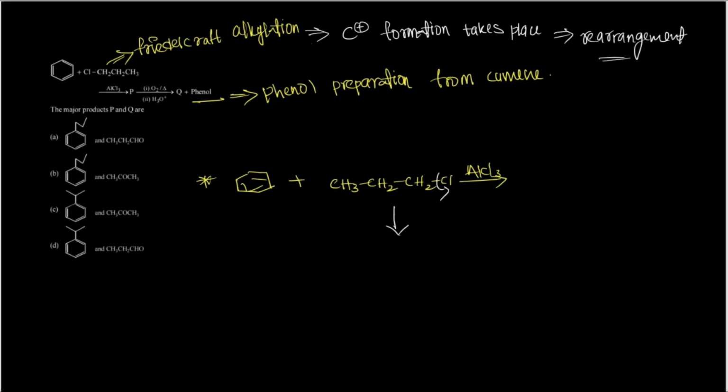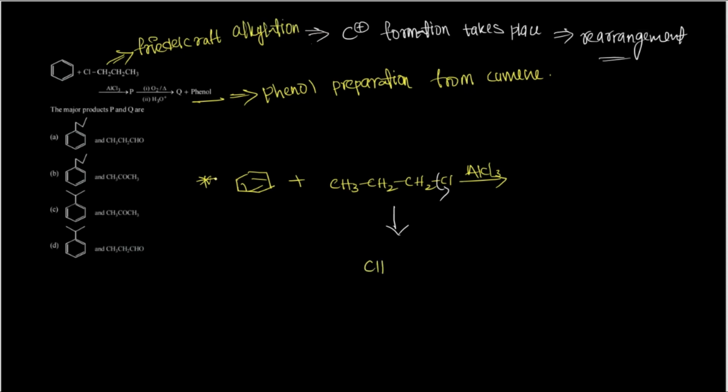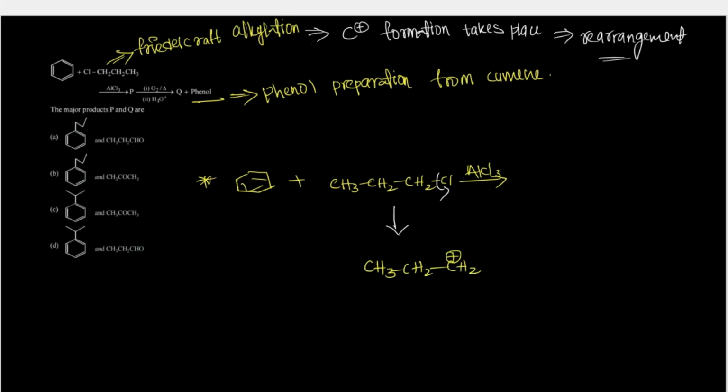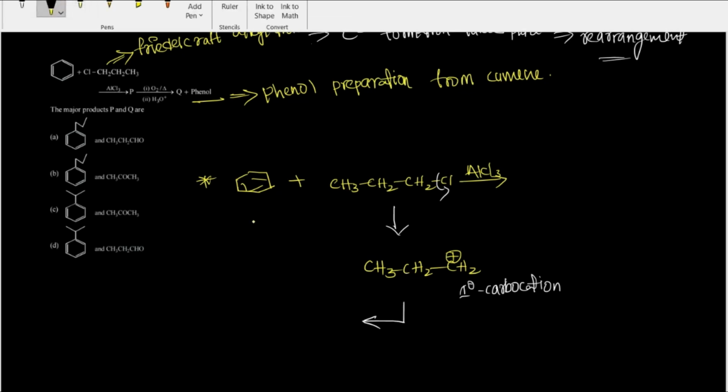Just remove this, and there will be formation of carbocation on this carbon, right? And we'll get CH3 CH2 CH2 positive. You can see over here it is a primary carbocation, and there is a possibility of getting a secondary carbocation. If you do a 1,2 hydride shift, then we will get the secondary carbocation.